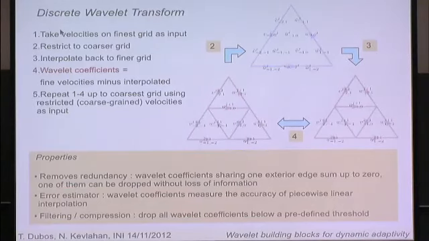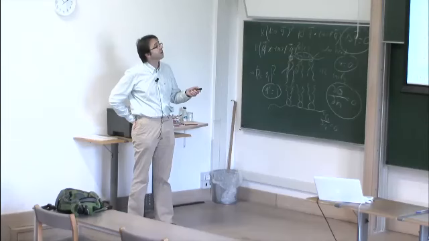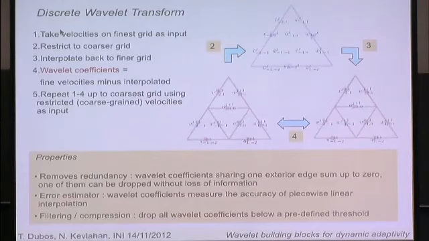So that gives me a way to remove redundancy. I have replaced a fine scale representation of my information by a coarse scale plus details. So I'm able to handle separately the coarse scale and the fine scale details.